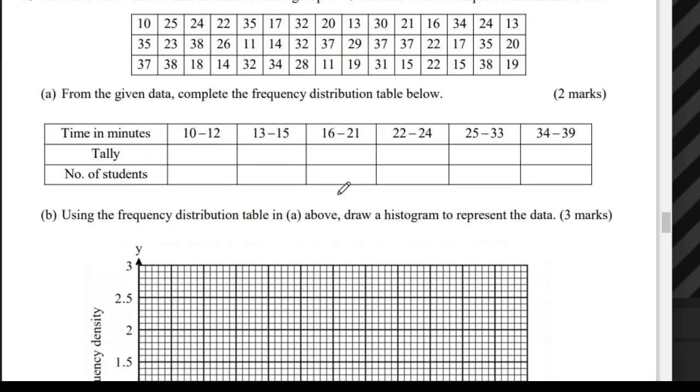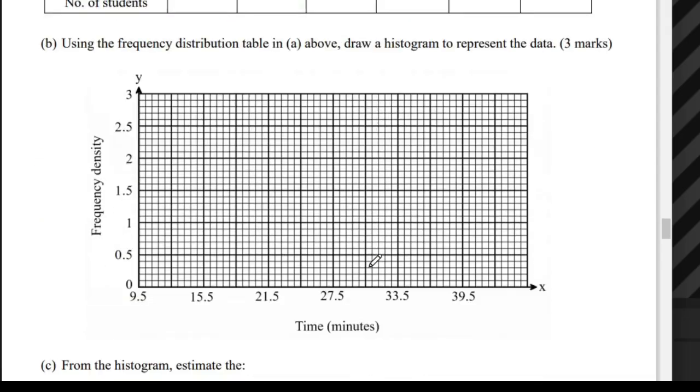Statistics 1, 30. Use the frequency distribution table above. Draw the histogram. So you should be, this one you have been given the range for this one. Therefore, you need to know the frequency density.